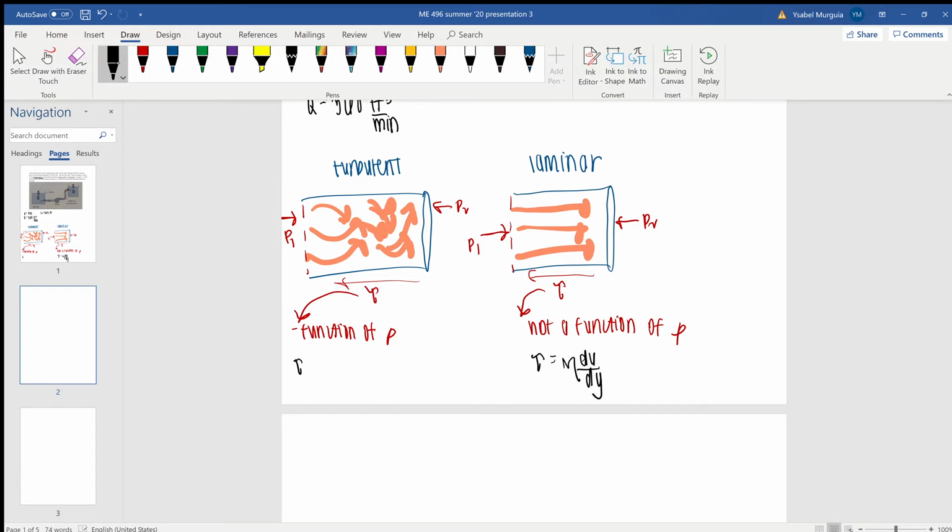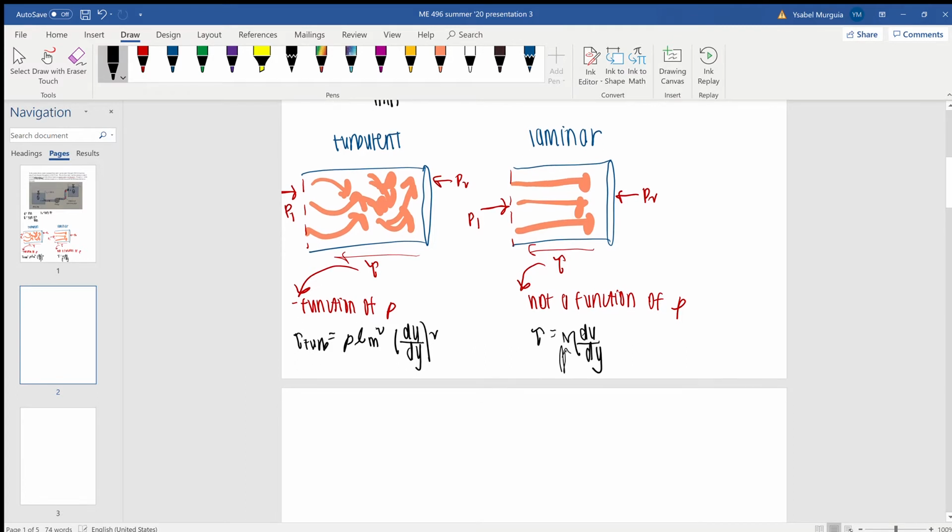And then this turbulent flow was defined in the textbook to be rho times the mixing length squared times du over dy squared. So as you can see, this is a function of density, and laminar flow is not a function of density. So the only fluid property that laminar flow depends on is the viscosity. Okay, so that's turbulent versus laminar flow.